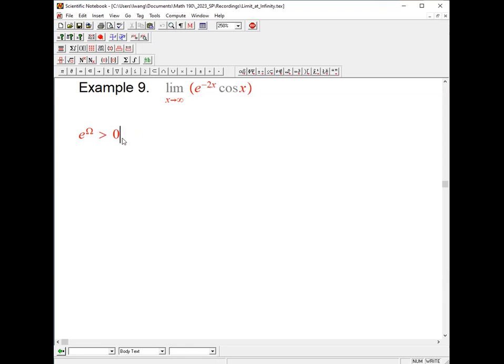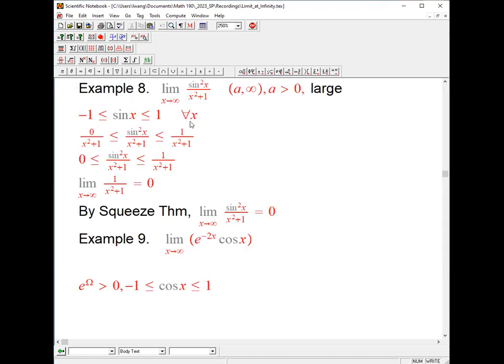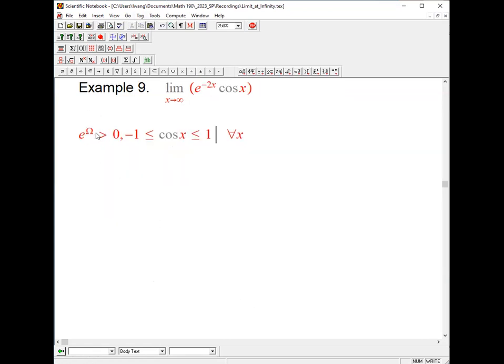The other fact is that cosine is between negative 1 and positive 1 for any x. We've done it before, so I'm going to copy this piece and put it here. For any x, e to the power negative 2x is positive. That's the range of the exponential function.